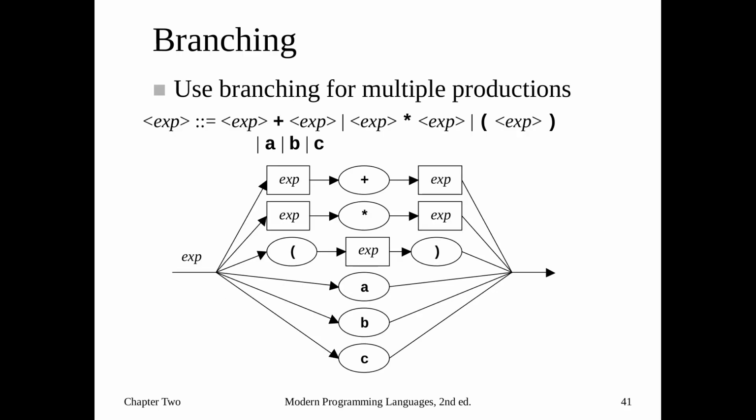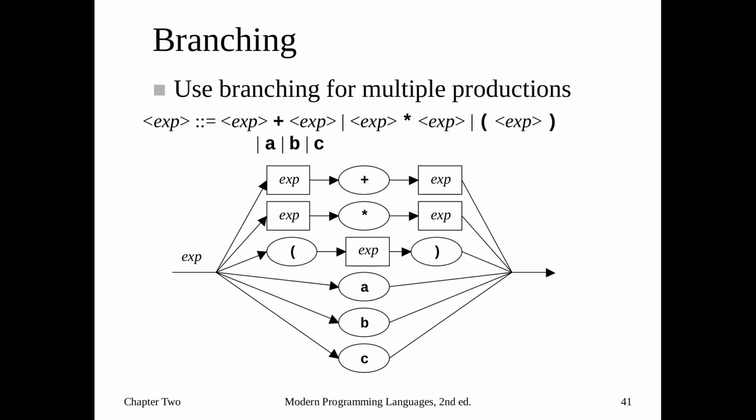If we recall, we had 6 possible alternatives when we wrote it out as individual productions, and we see the same thing going on here in the diagram. But it's pretty simple as long as we understand what's really going on and how we can break this down. Once we have that, the diagramming technique is very easy.